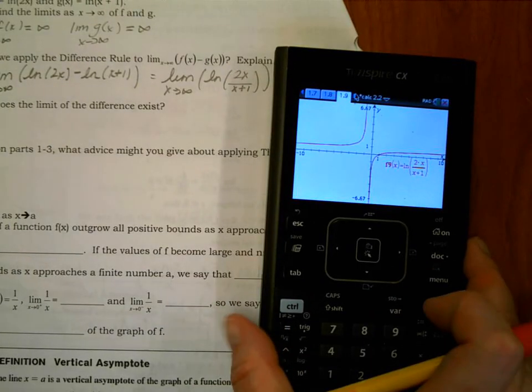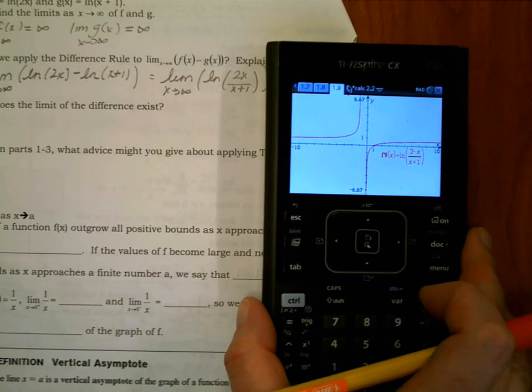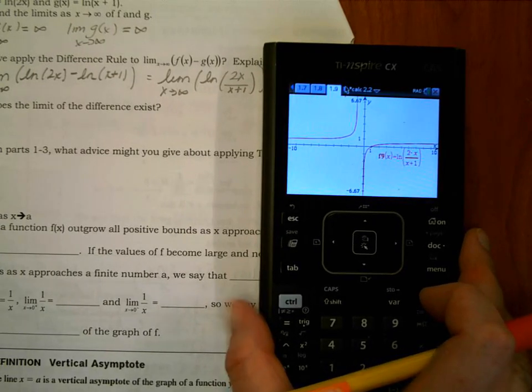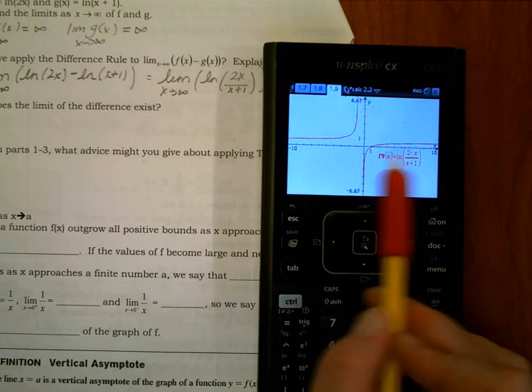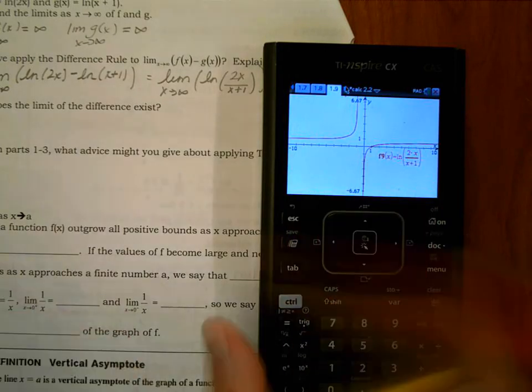And if we look at the graph of that, here it is. Now this one's a little bit different. It's not infinity. So if we look at that graph, it does look like it's leveling off. It looks like we have a horizontal asymptote.